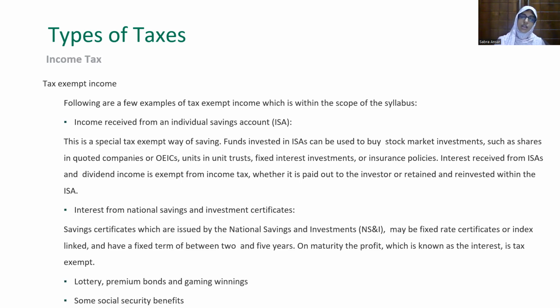These are considered exempt. And then there are lottery, premium bonds, gaming winnings, and some social security benefits, which will also be considered tax exempt.